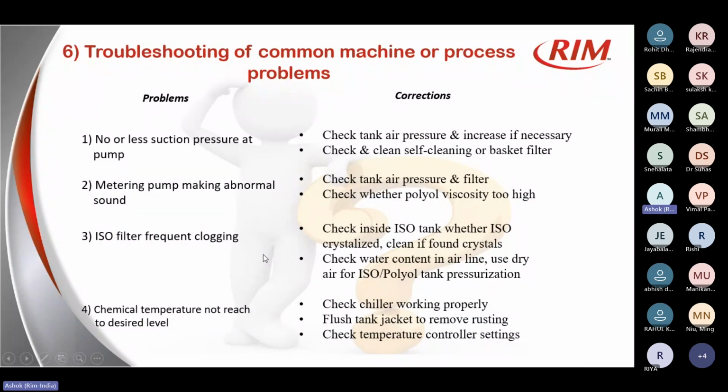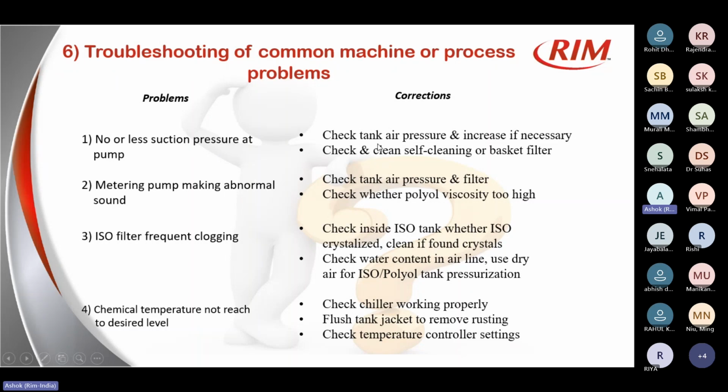Moving on to the next slides, some of the process or machine problems and their remedies in this continuous line. As you can see, these are the common process problems in the machines. Sometimes there is no suction pressure at the pump.